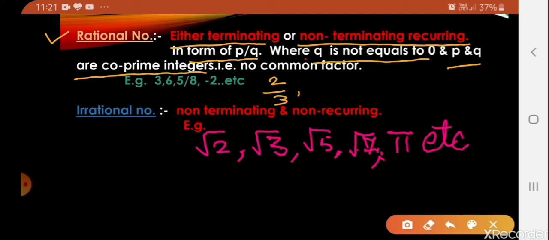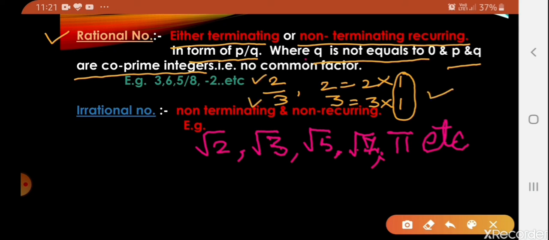Like if we find the prime factors of 2, it will be 2 into 1, and prime factors of 3 will be 3 into 1. So there is only 1 which is common in both the numbers. So any pair of numbers in which there is only one number common, that is 1 only, are called co-prime numbers. So 2 and 3 are co-prime numbers. So that's why they are rational numbers as well.